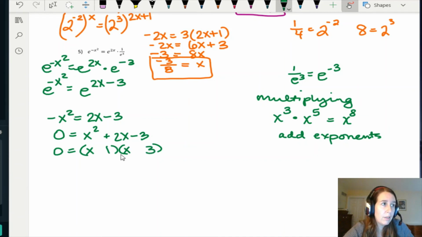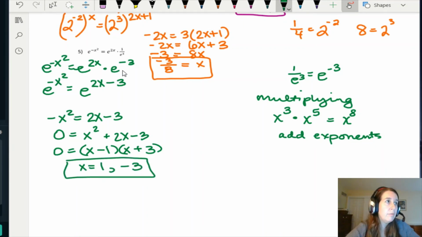So 3 and 1. And then if we add the 3 and we subtract the 1, we get a positive 2 for the middle term. So x is equal to 1 or negative 3. Okay, so if you take a look back at the problem, that means we could put 1 in and get this to be equal to each other, or we could put negative 3 in, and that will work for x as well.